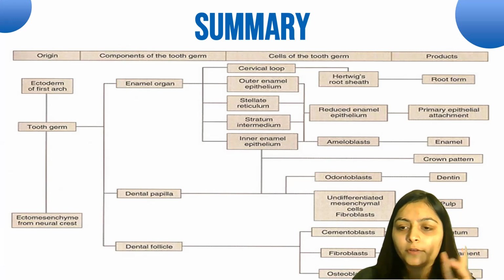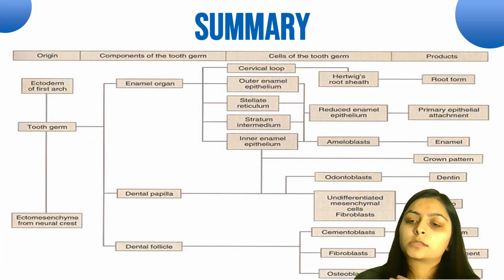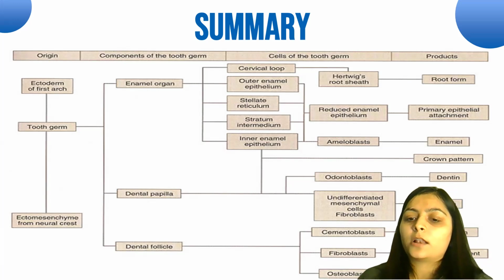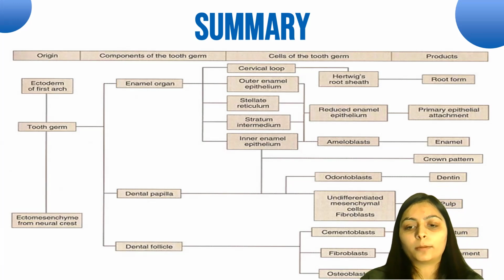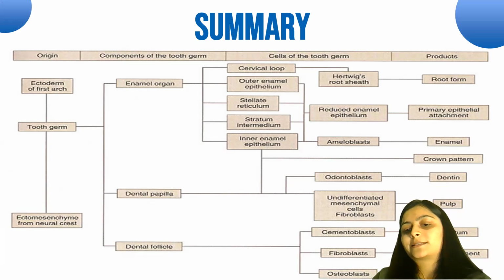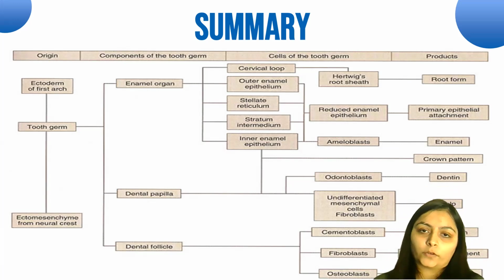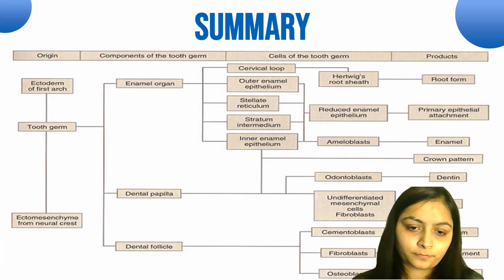And overall, it will decide the crown form. Odontoblasts are responsible for dentin formation, undifferentiated mesenchymal cells and fibroblasts for pulp formation, cementoblasts for cementum formation, fibroblasts for the periodontal ligament, and osteoblasts for alveolar bone formation.